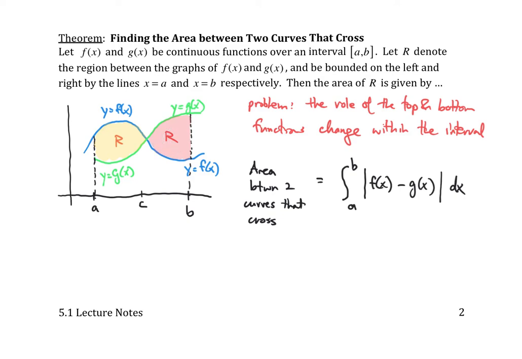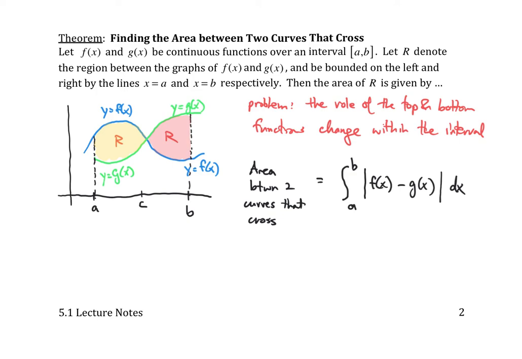The reason is that the f function is actually on the bottom. So if you had something that was beneath the second curve, then this red area over here would be negative. So how do I turn that negative area into positive area? I simply put the absolute value there.